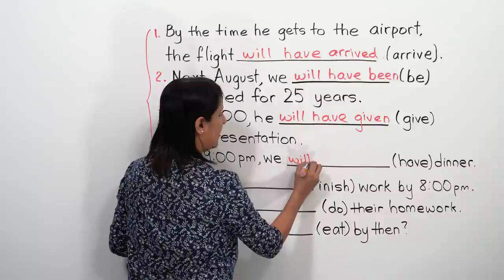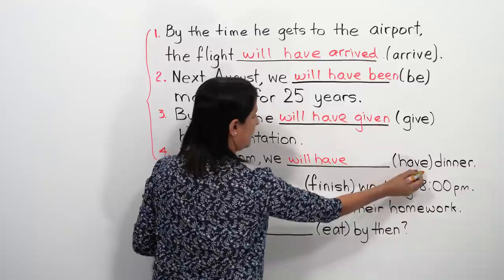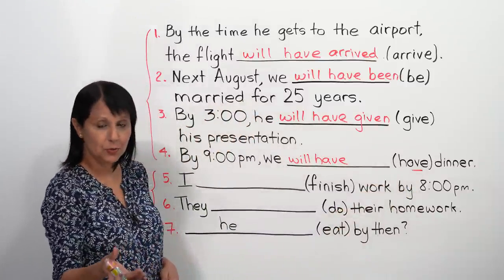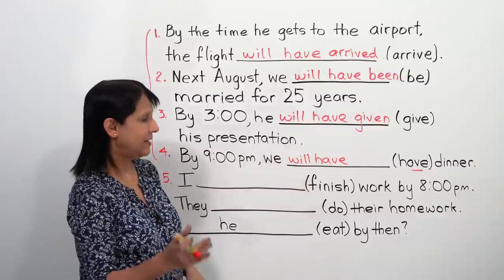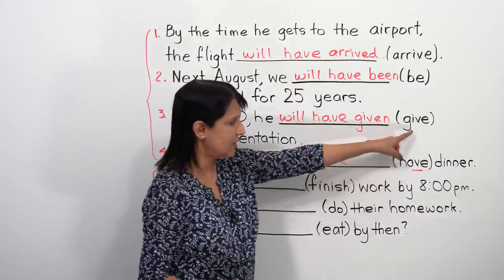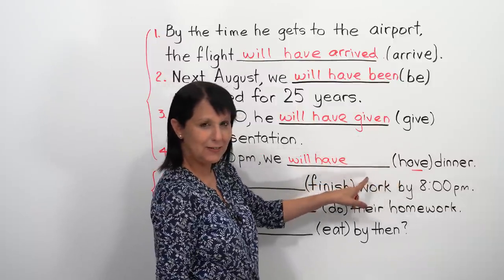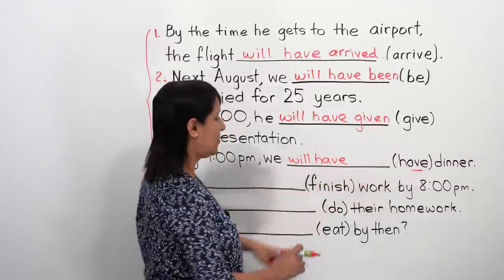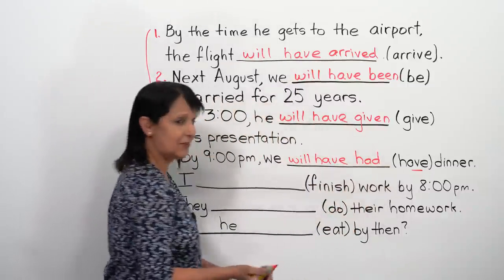We will have, what's your verb? The verb you have to use, this you have to say anyway, right? Will have. Now you have to take the verb, just like you took give and made it given, you take have and make it what? We will have had dinner.